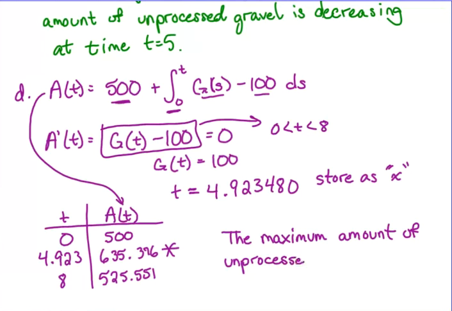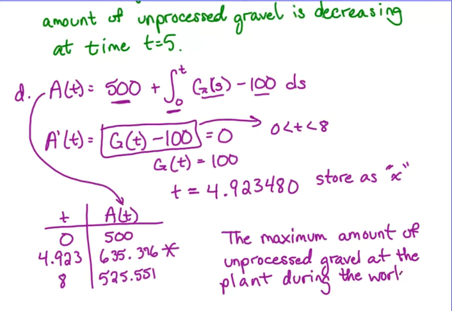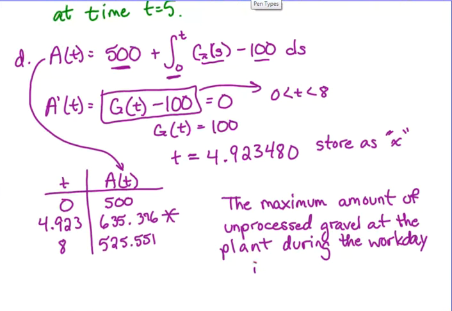Unprocessed gravel at the plant during the workday. You could list the specific times there if you wanted to. Is 635.376 tons. Always include those units.